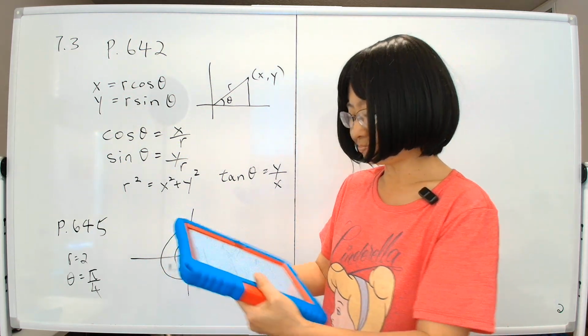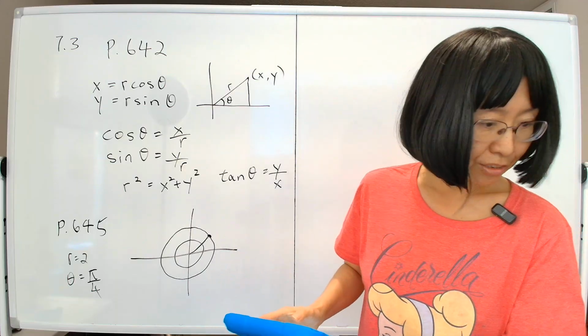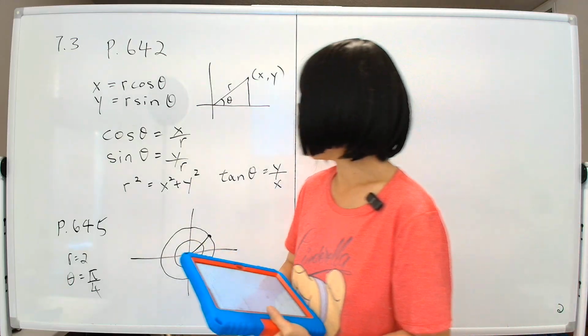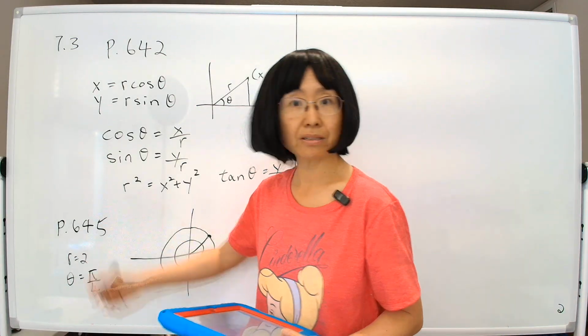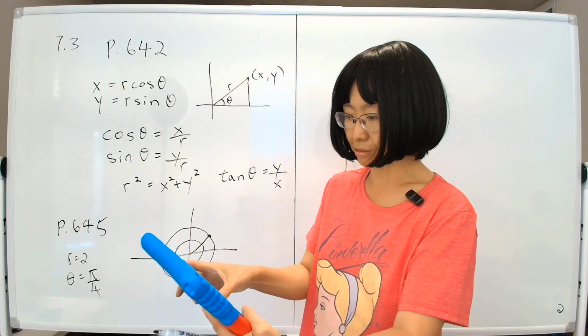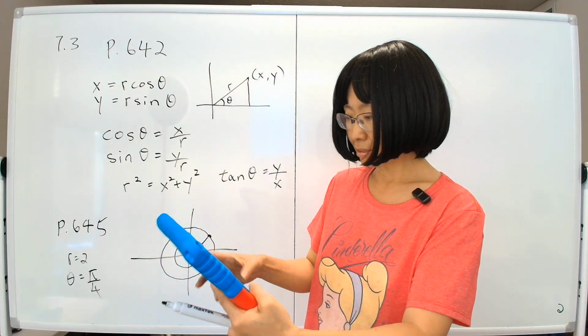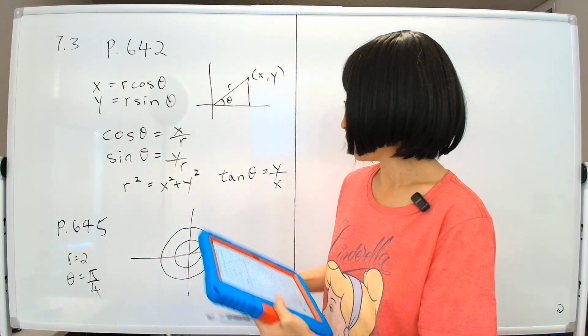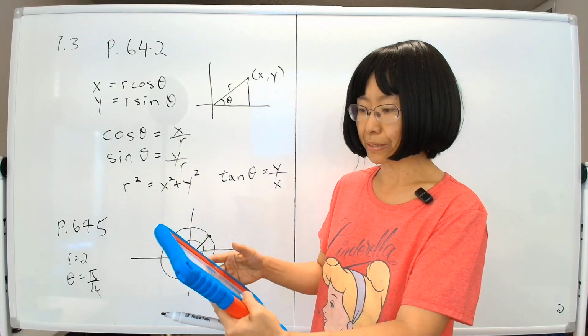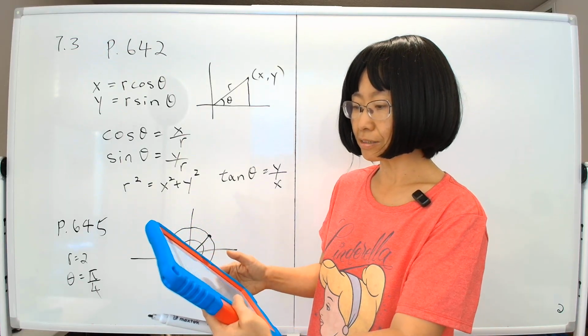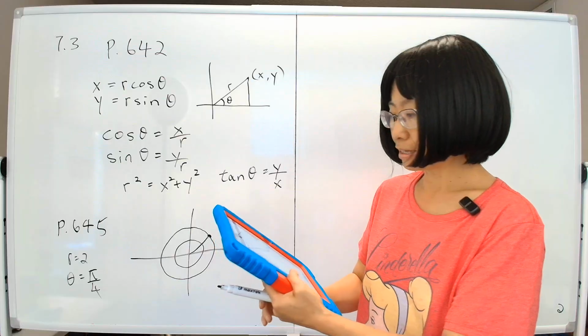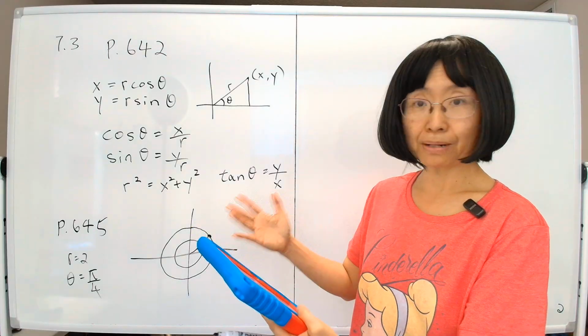I should mention that sometimes the r is negative. As example B shows, r is actually negative. Now what? How do you do a negative radius? Well, let's look at example B. You're supposed to plot r equals minus 3 and theta equals 2 pi over 3.